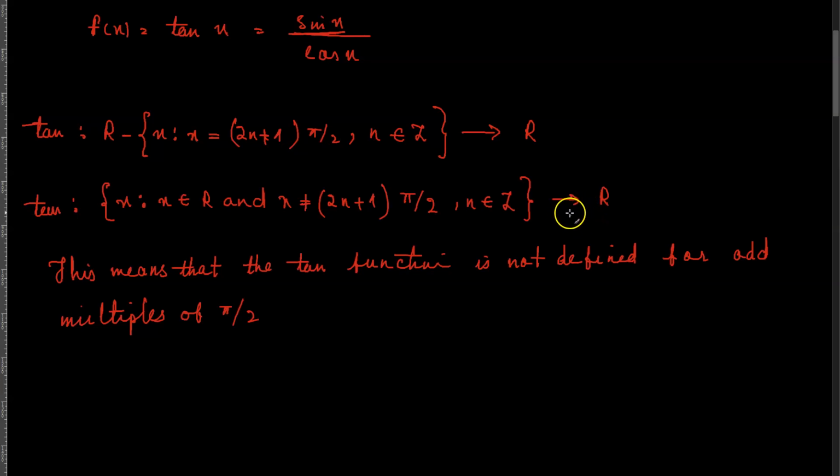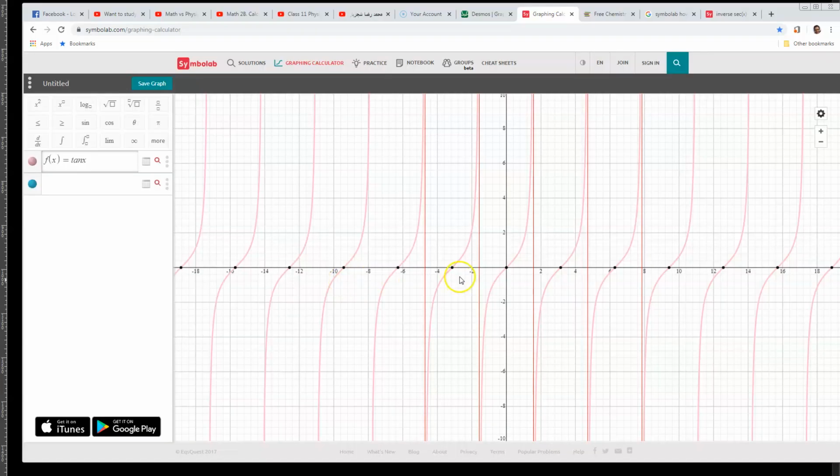Now, if we restrict the domain of the tangent function, for example, to negative pi by 2 to pi by 2, negative pi by 2 would be here, pi by 2 would be here, then of course in this domain the function is 1-1.